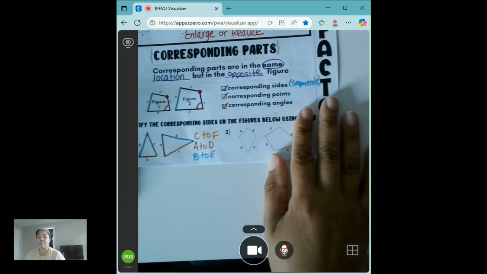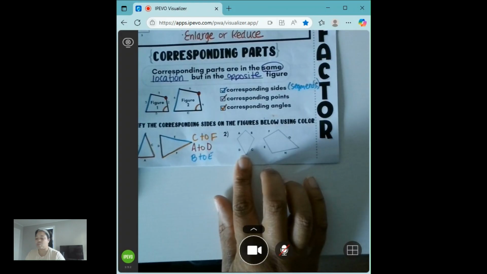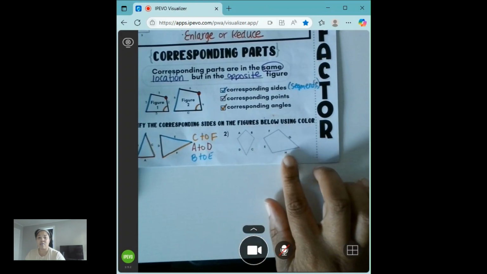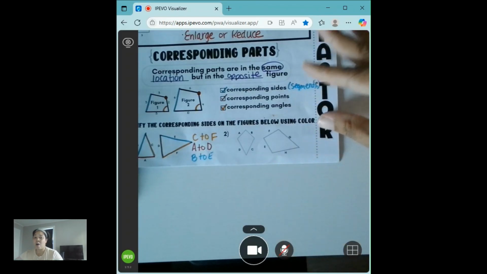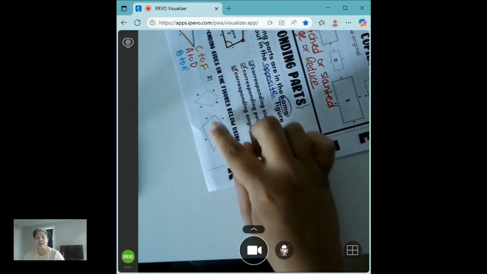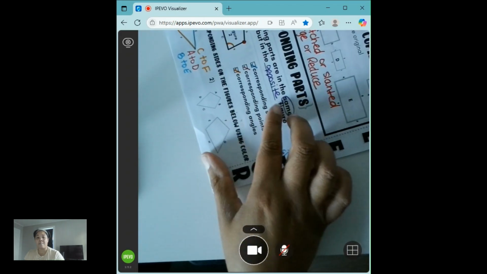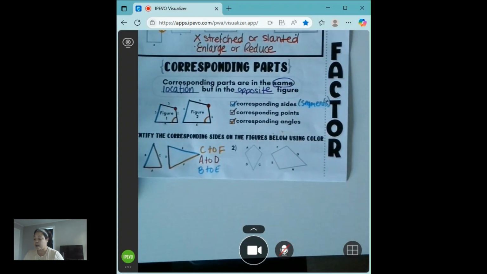Let's do another one. Again, if I was to look at this shape this way, notice how this doesn't look right side up. It looks altered. If I were to flip my paper, you can actually see that this diagram matches it in this way. Okay?